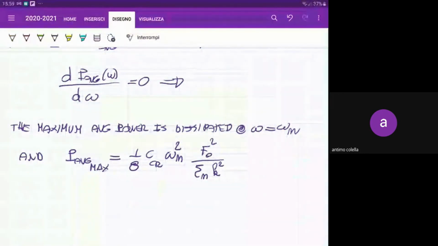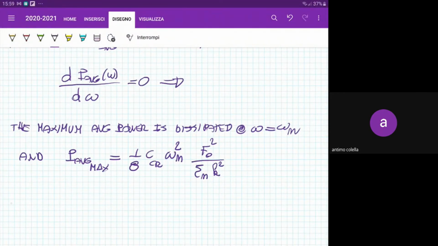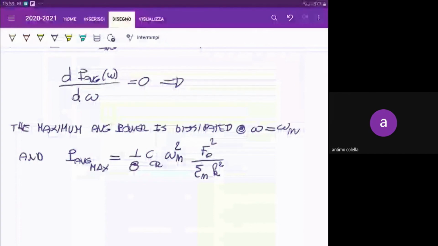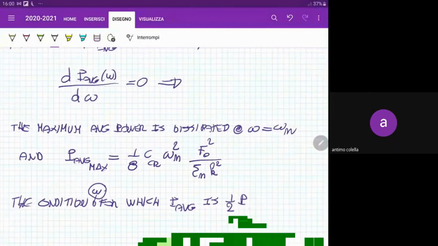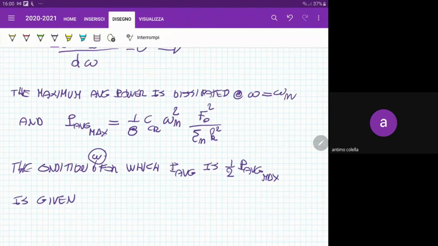The condition is given, just by looking at the previous equation, when 1 minus omega over omega n squared, minus 4 zeta n squared omega over omega n squared, is equal to 0.